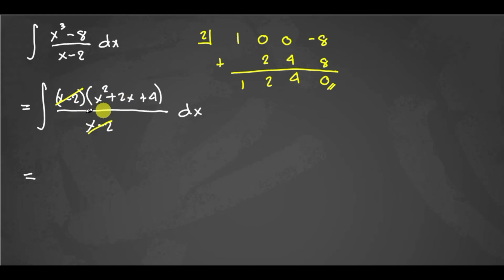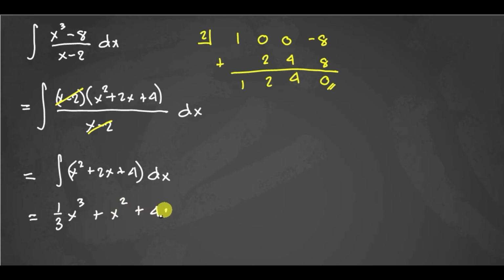Now our remaining term will become the integral of x squared plus 2x plus 4 dx. Evaluating the integral of each term, our answer will become 1/3 x cubed plus x squared plus 4x plus c.